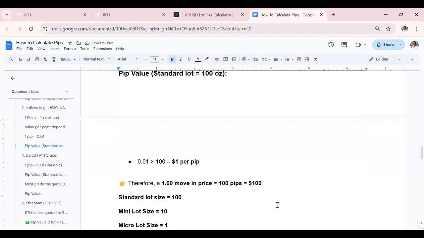So in order to know what one pip would give you in a standard lot size, you say 0.01 times 100, right? So mini lot size in gold is how many? Mini lot size is 10 ounces. Micro lot size is 1 ounce. Okay.